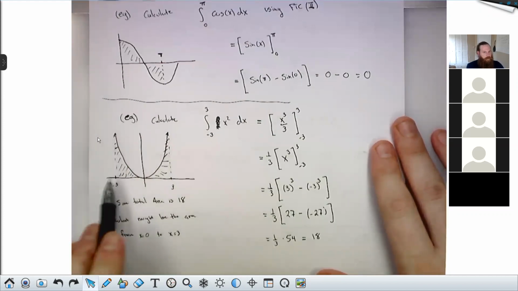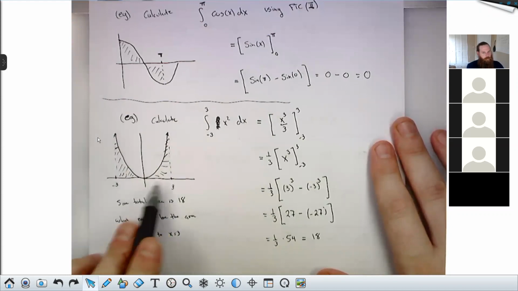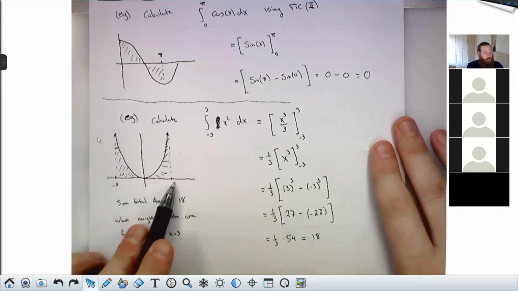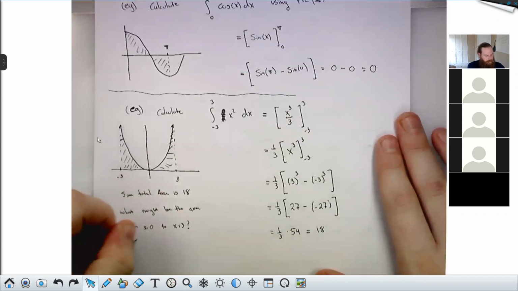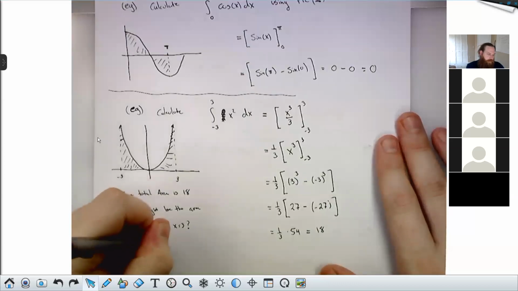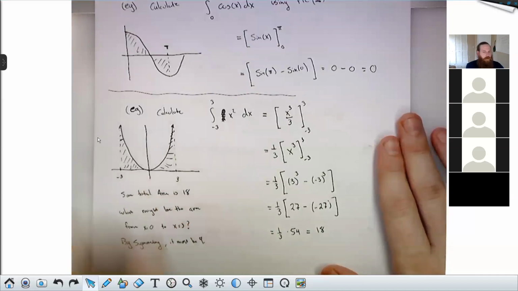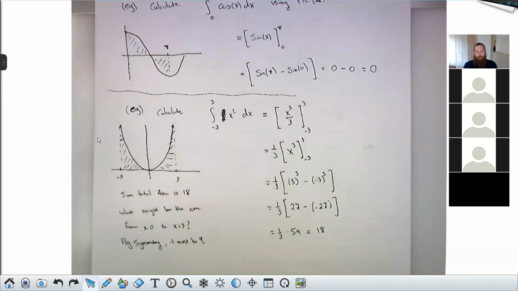What if we didn't go from -3 to 3? We just went from 0 to 3. By symmetry, it must be 9. And this is hinting at a theorem that I will show you after we do 1 or 2 more examples.